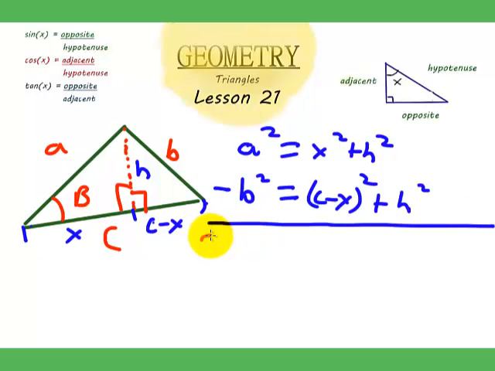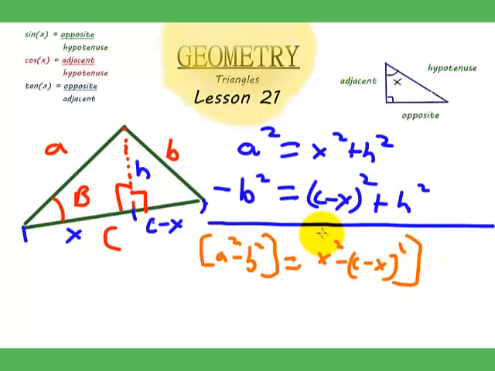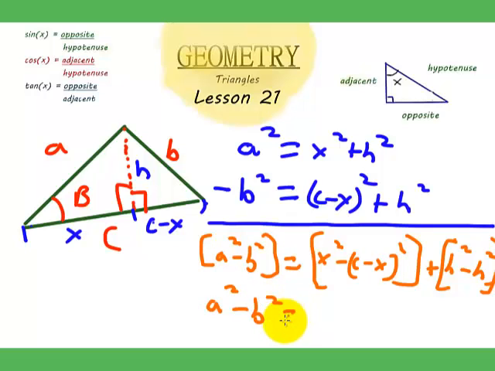This will get us a squared minus b squared is equal to x squared minus (c minus x) squared, and lastly h squared minus h squared. Oops, it's square brackets. Now, taking out the square brackets, we get a squared minus b squared is equal to x squared minus (c minus x) squared plus 0.